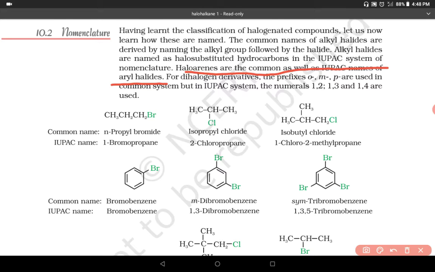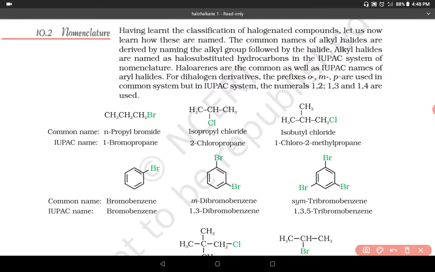Both are possible, but it is only for aryl halides, not for alkyl halides. For alkyl halides, the common name is alkyl halide, but the IUPAC name is halo-substituted hydrocarbon.